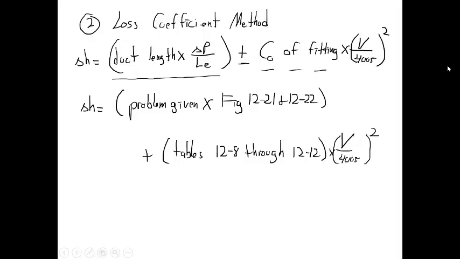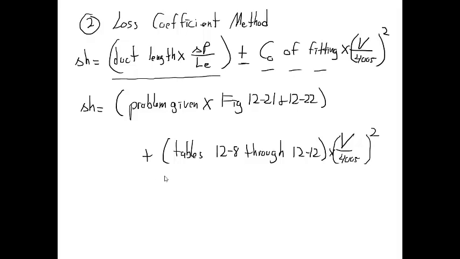Okay, so I'm going to cover this problem in two ways. We're going to look at the loss associated with just the duct length, and then we're going to look at the losses due to all the fittings.